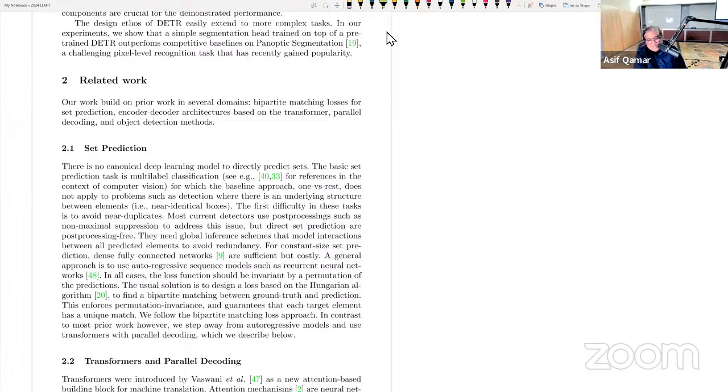There are lots of references for which the baseline approach, one versus rest, does not apply to problems such as detection where there is an underlying structure within elements, etc. The first difficulty, blah, blah, blah. So let us just assume that they're pointing out that it's a little tough. But the important word that I want you to focus on is, oh, Hungary has made its way in. There's an algorithm called the Hungarian algorithm. What is that? We'll come to it in a minute.